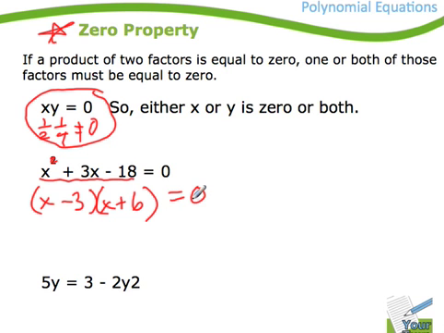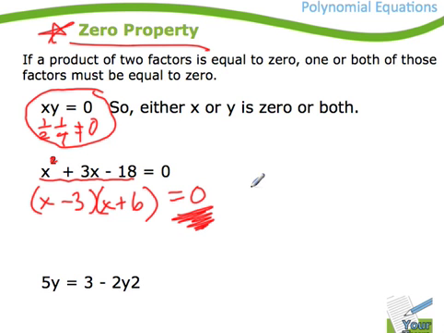Now, since it's equal to 0, and this is a critical piece, thou shalt make it equal to 0. That's one of the commandments here. Since it's equal to 0, I can use the zero property, which says that if I have two things that multiply together to give you 0, one of them's got to be 0.